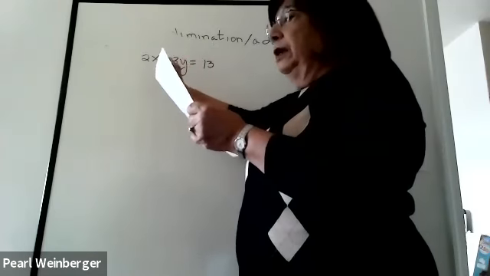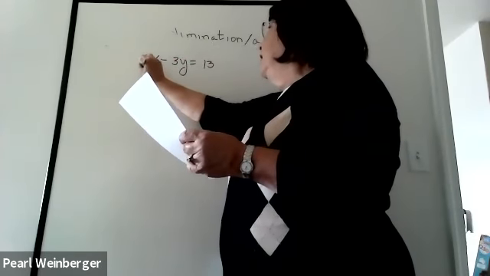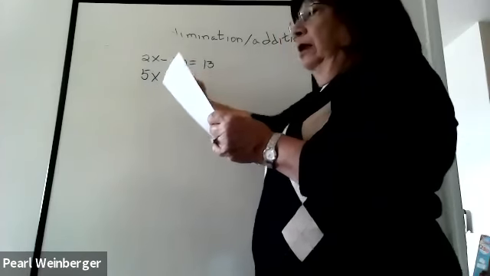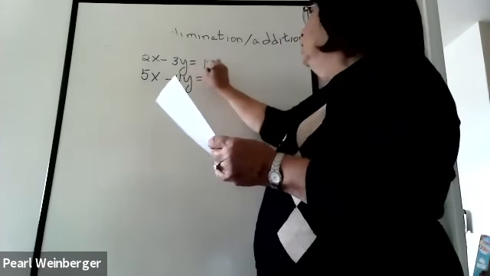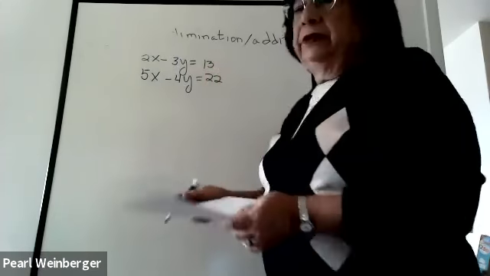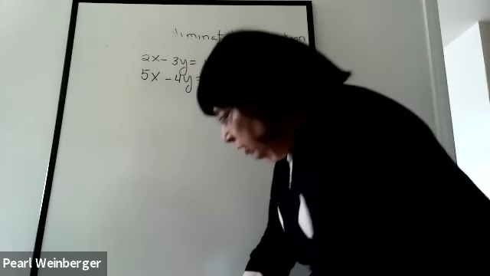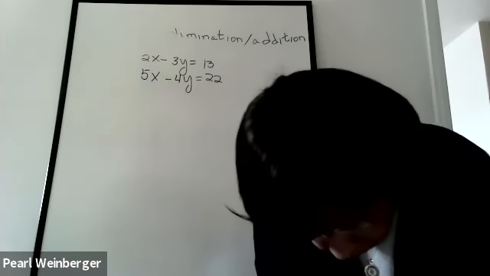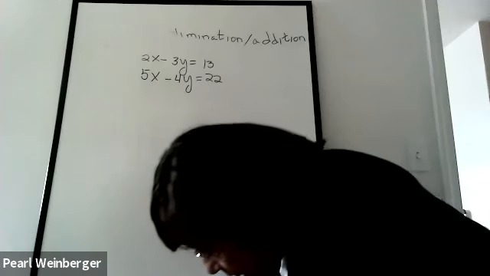My second equation is 5x minus 4y equals 22. See if you can solve this system of equations using the elimination method. I'll give you about 5 minutes to work on it.